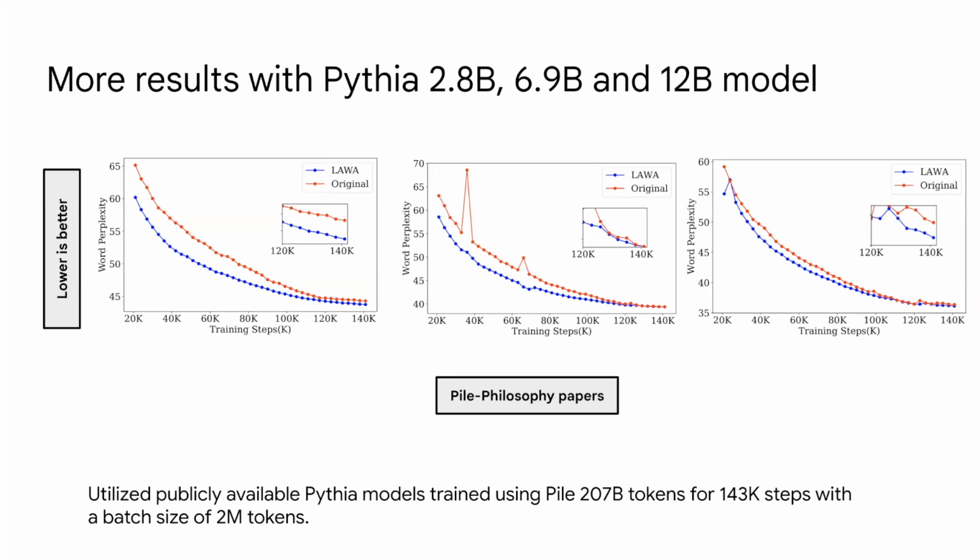But an interesting thing to note is that even if you stop at, say, 75% of the training in the 6.9b model, which is a reasonably large model, you would still get lower word perplexity with LAWA, where lower is better, compared to the original training. This is what I would like to convey.